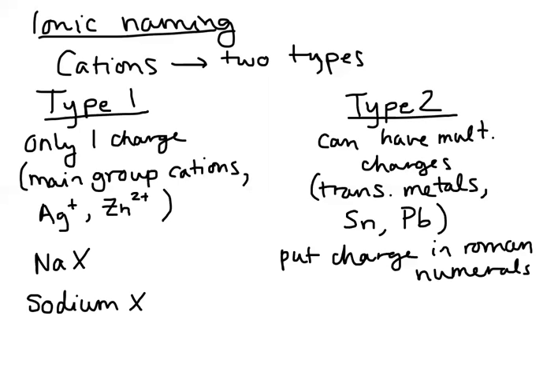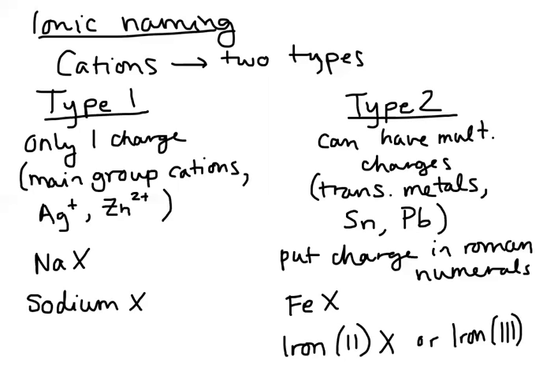For example, if you have FeX, whatever follows, it's either going to be iron(II) X or iron(III) X, depending on the balancing. So for type 2 cations, you have to define what that charge is, because any chemist looking at the periodic table wouldn't be able to tell what that charge was.